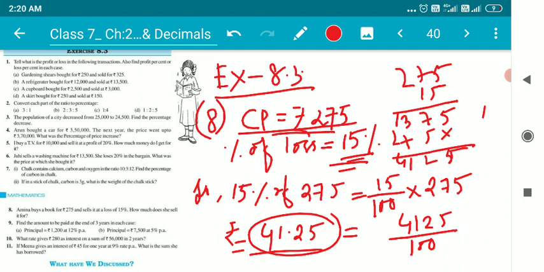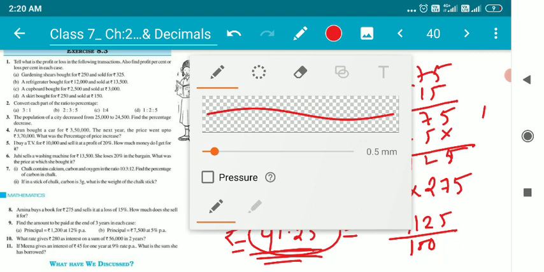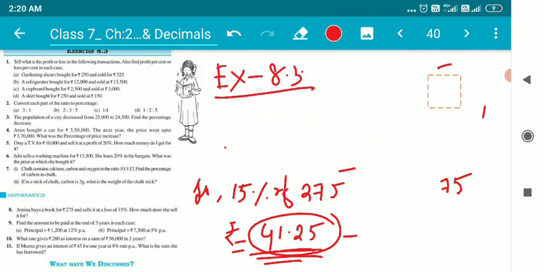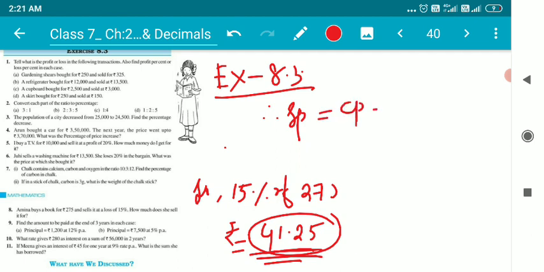So children, as she made this much loss, of course this amount will be subtracted from the cost price. So let us subtract this amount from cost price right now. Therefore, the selling price is equal to cost price minus amount of loss.